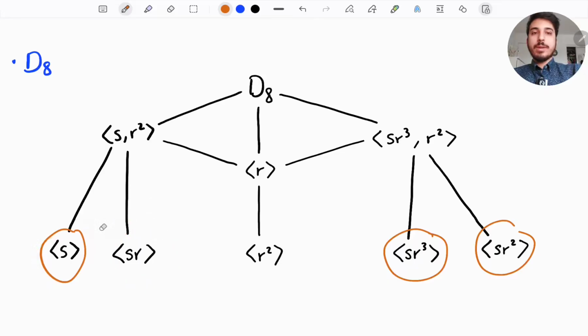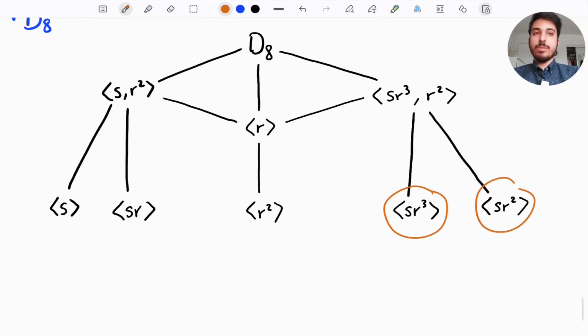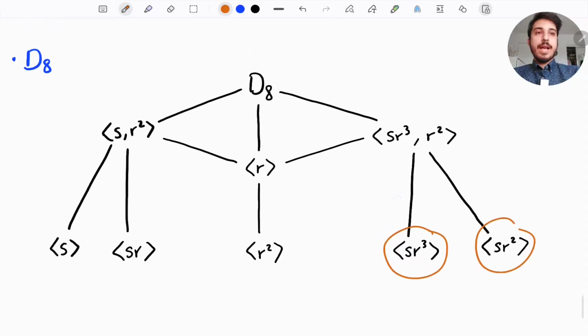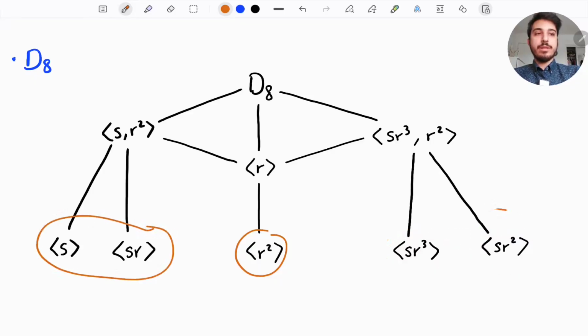So when we're thinking about reducing this lattice, collapsing this lattice, we would like to first look at a normal subgroup on which we will do the collapsing. The normal subgroup is going to be the subgroup generated by R2.